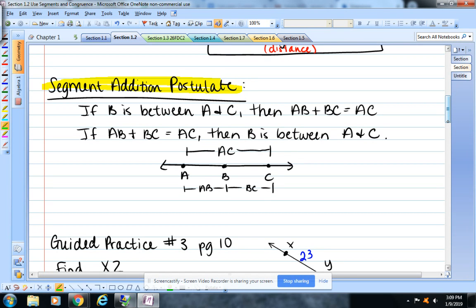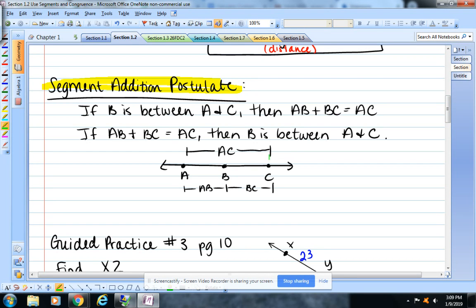The segment addition postulate is: if we have a point between two other points, then the sum of the two smaller segments' lengths will equal the length of the longer segment. So, for example, right here, B is in between points A and C on segment AC.